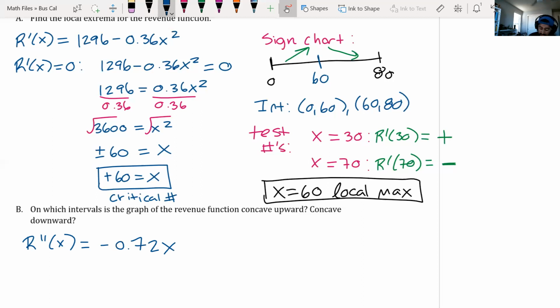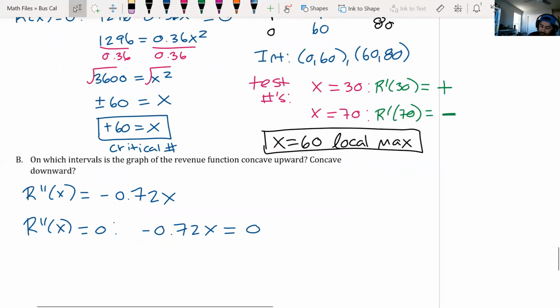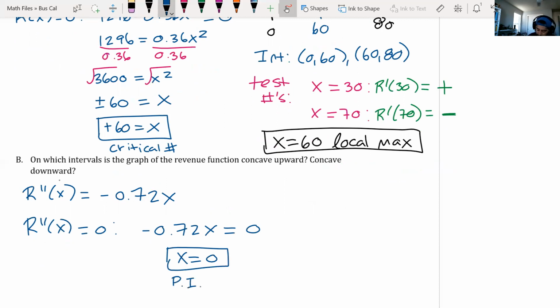Okay. And you take your second derivative, you set it equal to 0, and you solve for x. You divide by 0.72, and x is going to be 0. Here's my possible inflection point.